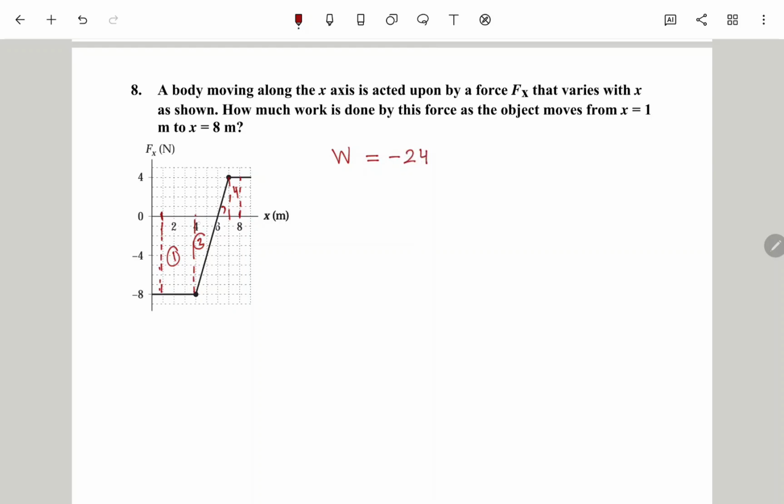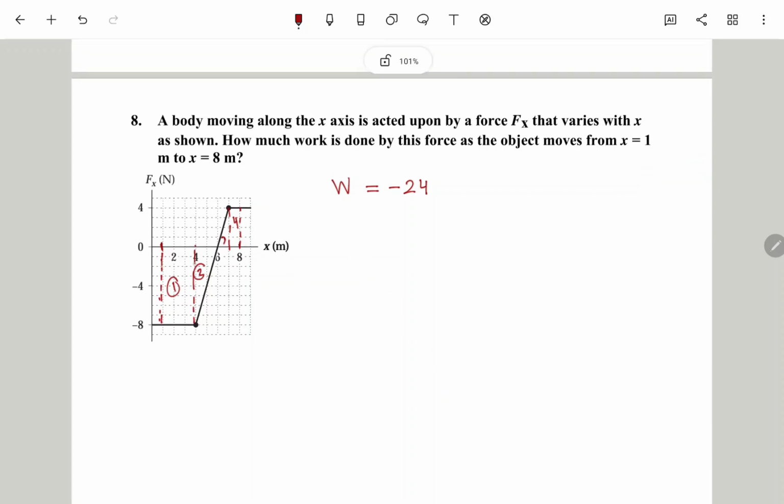Now, the second part is a triangle, and the area of the triangle is half the base times the height. The base here is 2, and multiplied by half is just 1, times the height for this triangle, which is minus 8, so minus 8. Again, we have a triangle here: half the base, which is 1, so it's half multiplied by the height of this triangle, which is 4. So 4 times half is just 2.